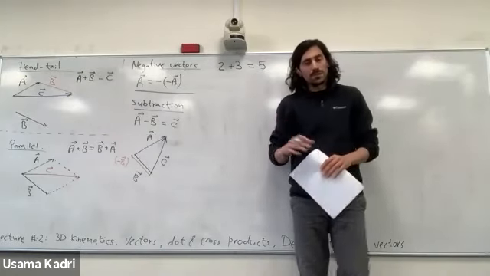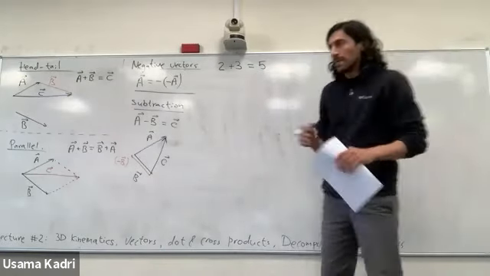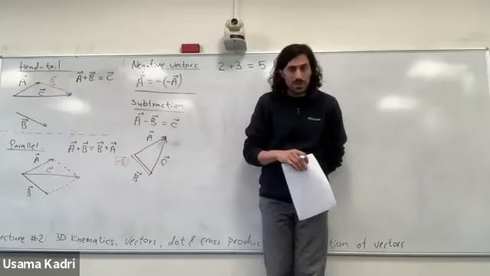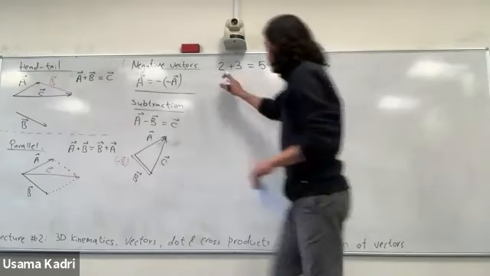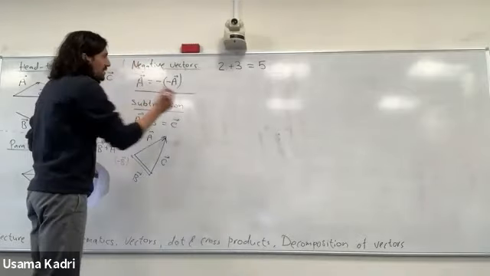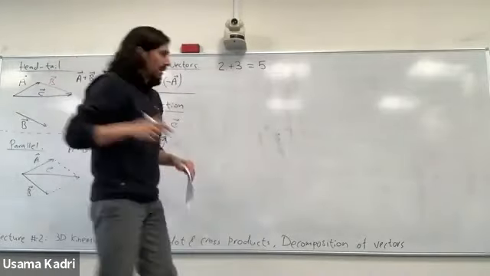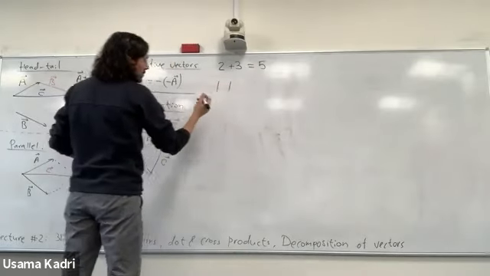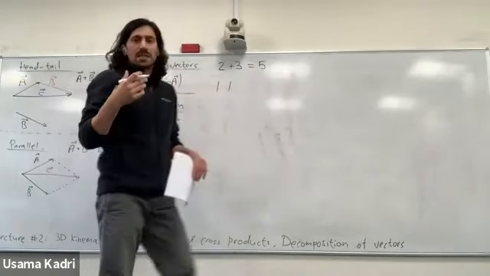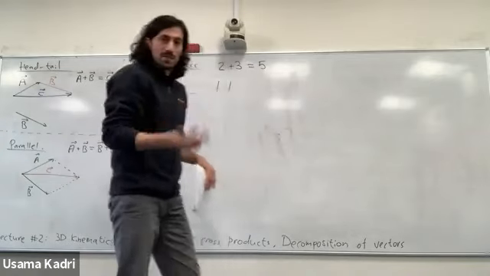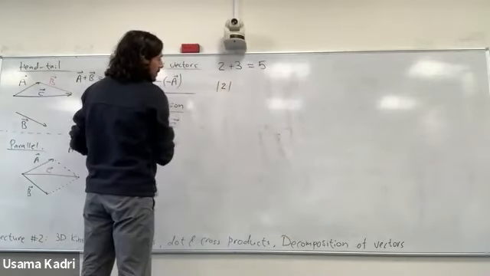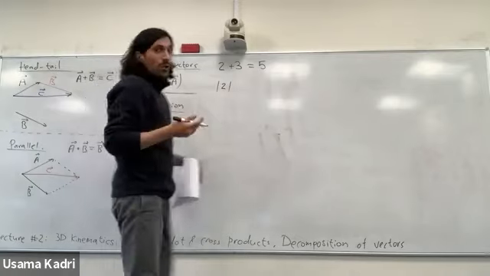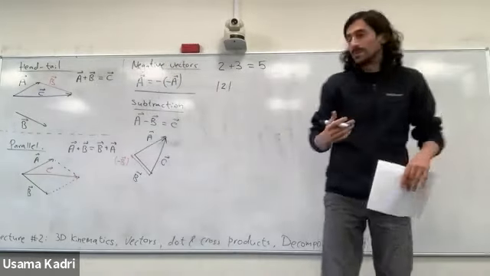With vectors, it is a little bit more complicated. If I want to add 2 velocities together, that depends not only on the magnitude but also the direction.